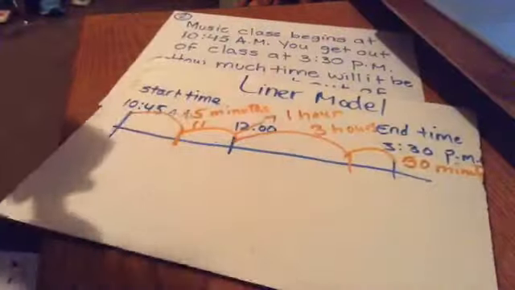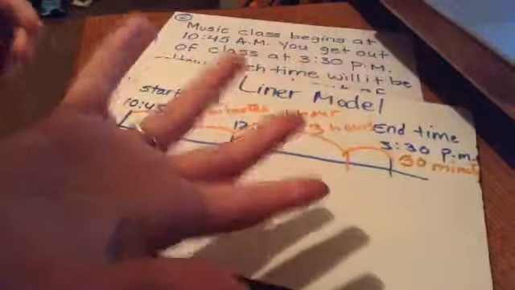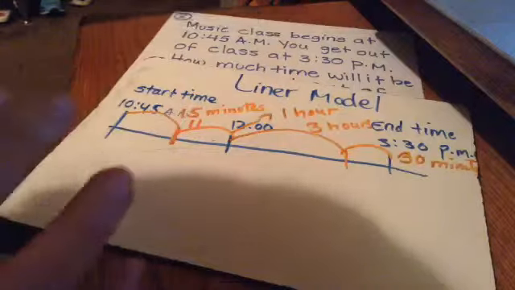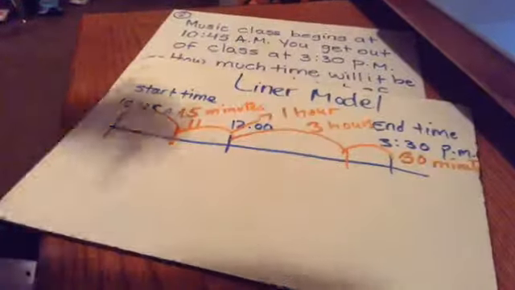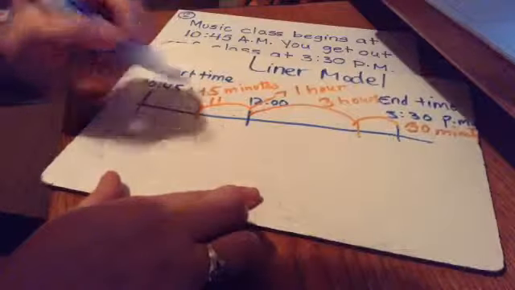Okay, now that we have our number line, or our timeline, set up, we are going to add. But in order not to confuse the hours with the minutes, we are going to add the hours first and then the minutes.